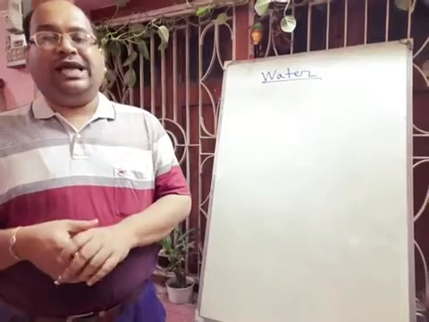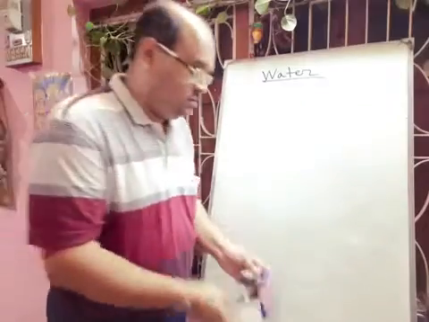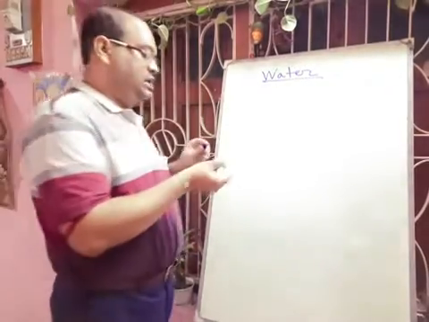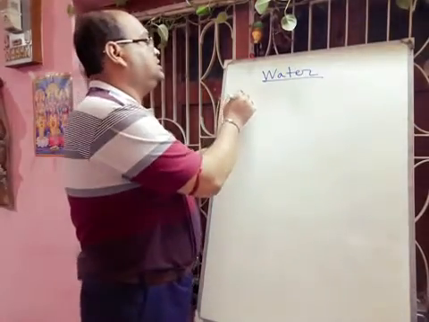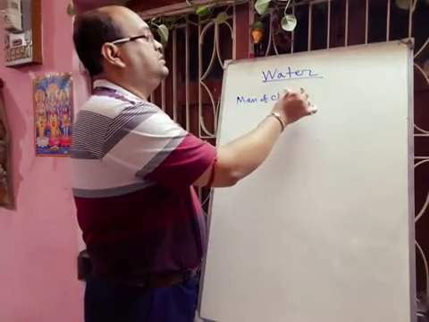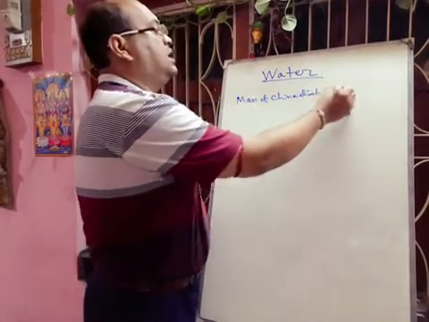Now what will be the calculation? First, we are taking the mass of the china dish. So first you have to write that the mass of that china dish will be equal to, suppose, m1 gram.